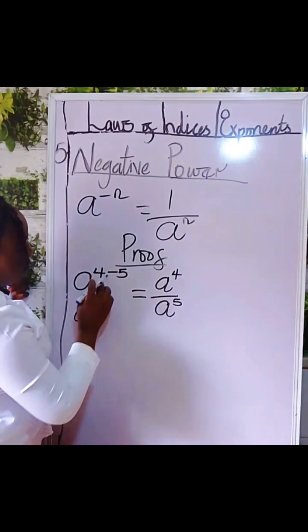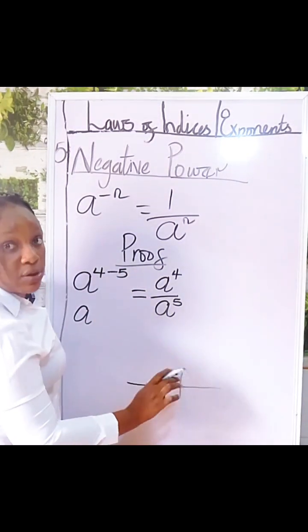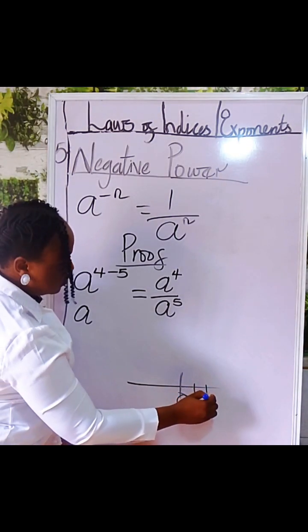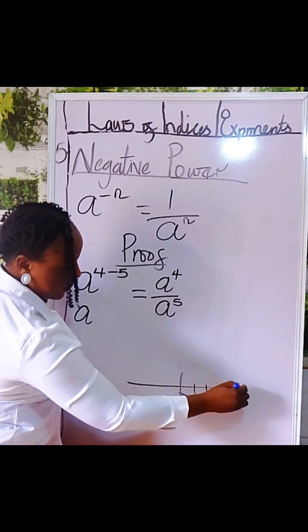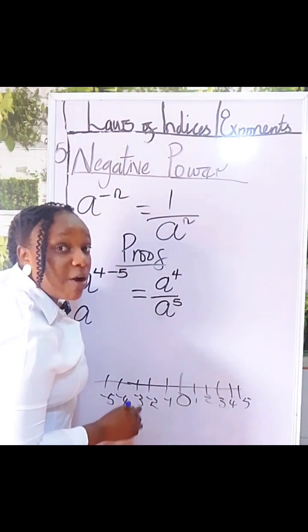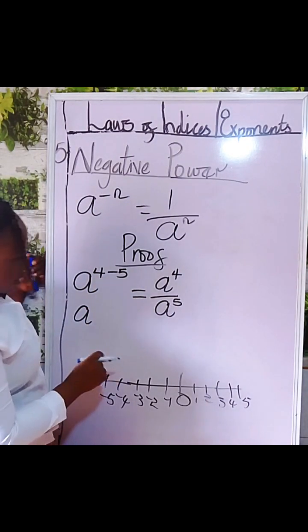What is 4 minus 5? You can use a number line in case you have not learned this. You can use a number line to solve this. 4 minus 5, for those that are confused and don't know what to do with this.